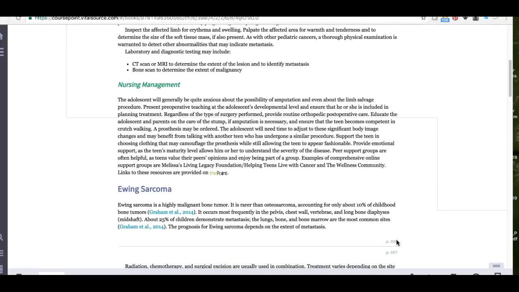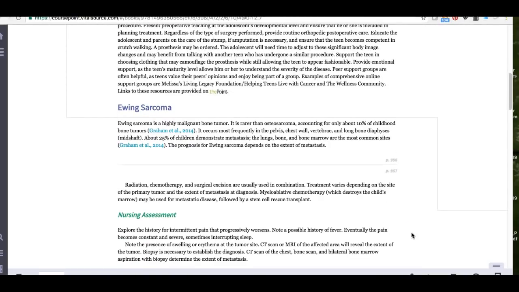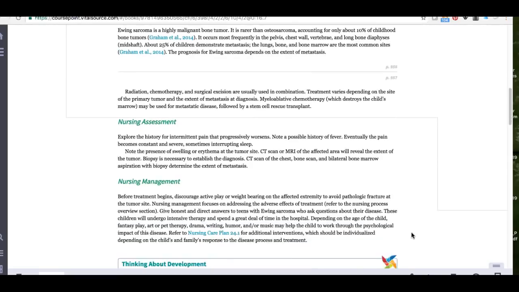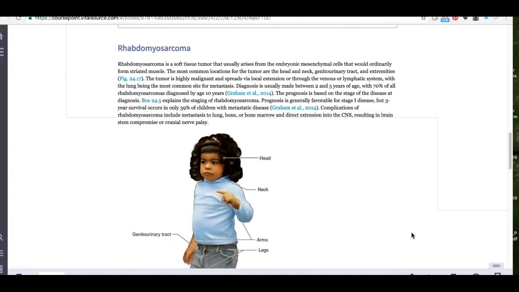Ewing's sarcoma is more like the pelvis, the chest wall, the ribs, and then if you're going to see it in a bone, it's going to be in the middle of a bone. So different placement than an osteosarcoma. Treatment, again, pretty much the same. Rhabdo, like I said, soft tissue tumors, neck, extremities, in the muscle, not in the bone.